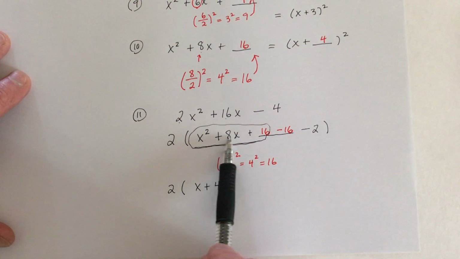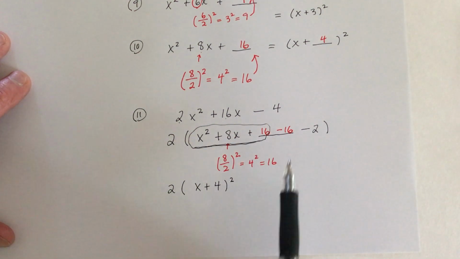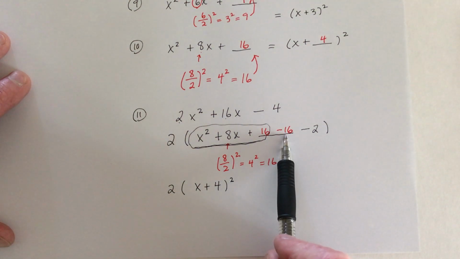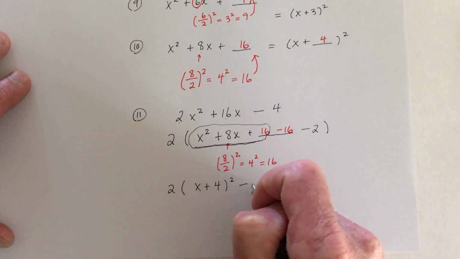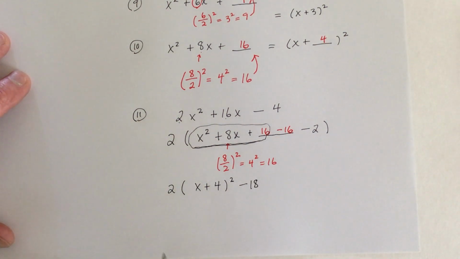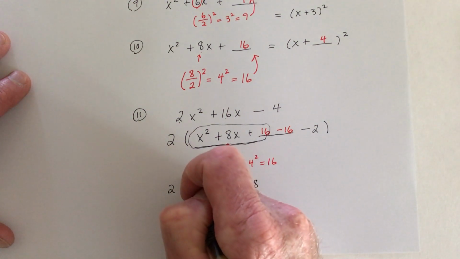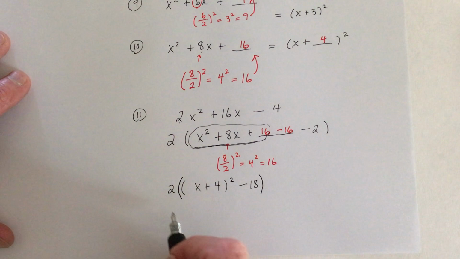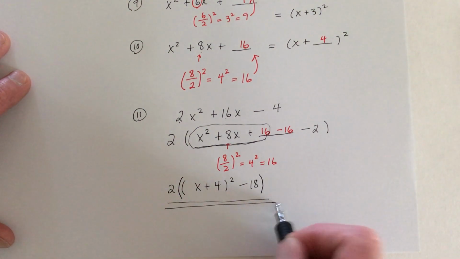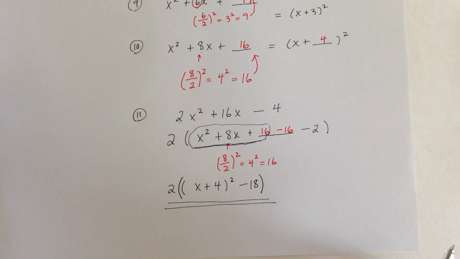So that takes care of all of this stuff. And then when you put these 2 together, there's a -16 and a -2. So that's -18. And then this 2 is supposed to be times everything. So I actually need to put double parentheses saying the 2 is times everything. And then that is complete the square.